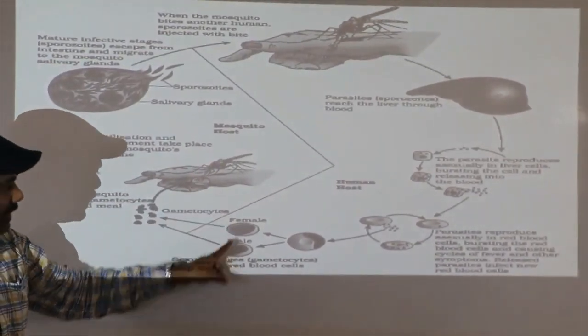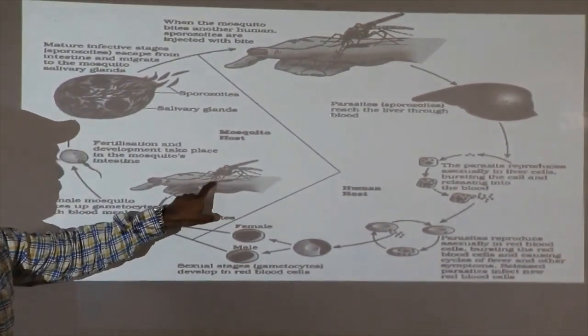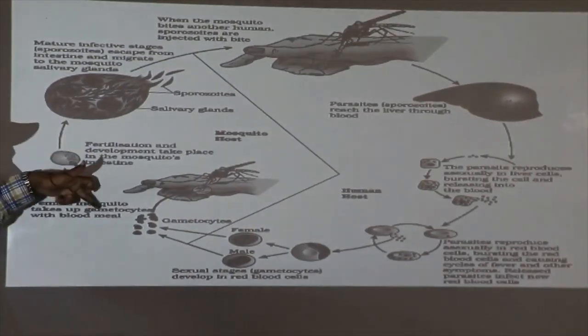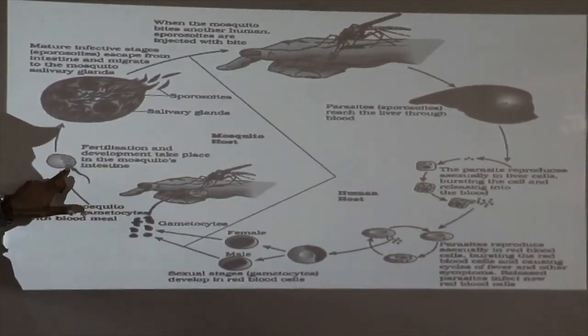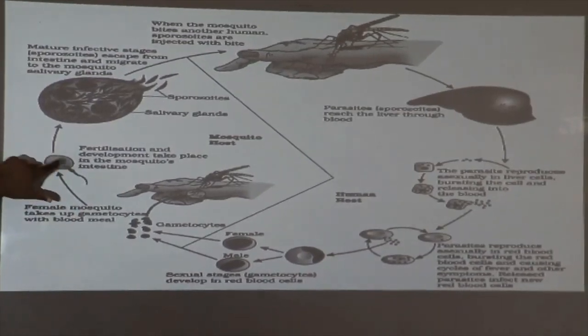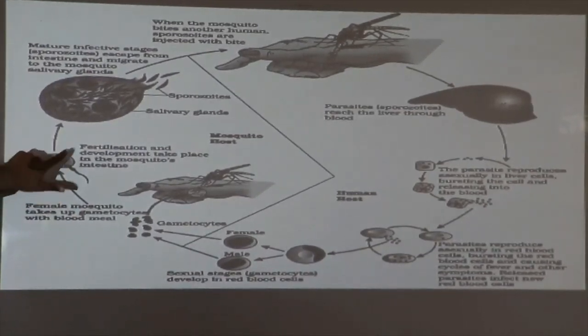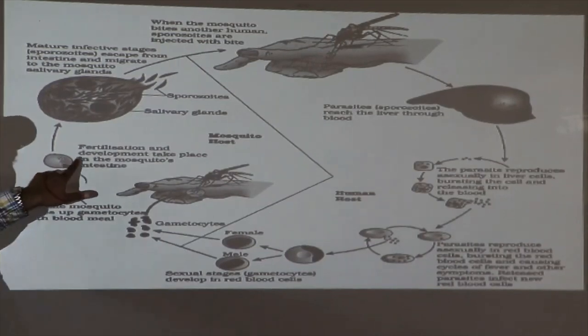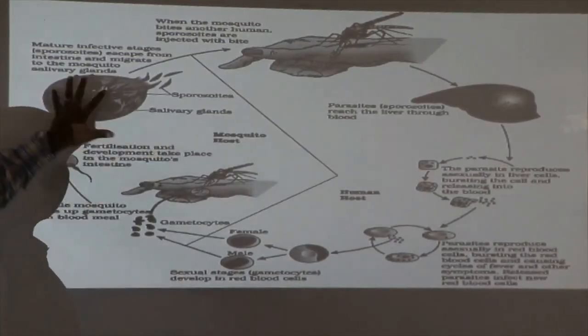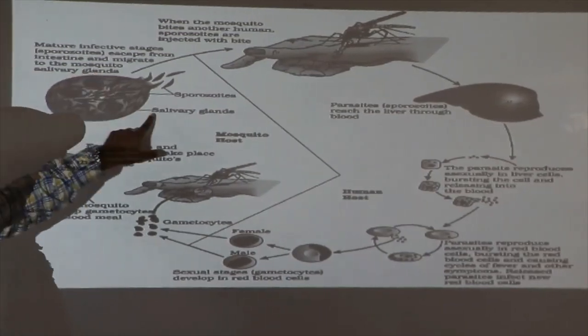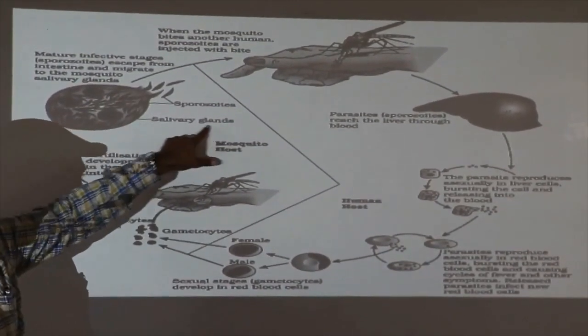Along with the blood, these two gametes enter into the mosquito and reach the stomach of the mosquito. Within the stomach, fertilization takes place between the male and female gametes. After the fertilization, they develop into sporozoites. So these sporozoites reach the gut of the mosquito and are stored in the salivary glands.